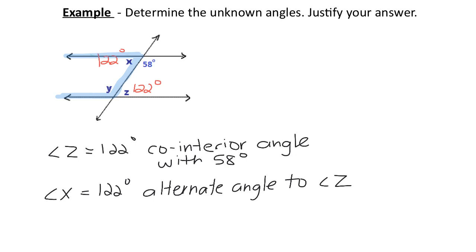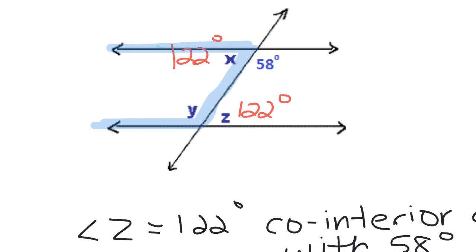If I do a simple subtraction, let's make this a little bit bigger, I know that 180 minus 122 gives me angle Y, and that is equal to 58 degrees. So angle Y is equal to 58 degrees.